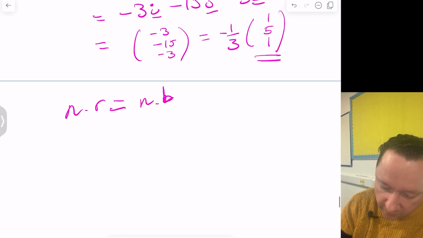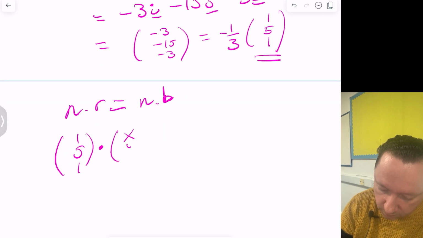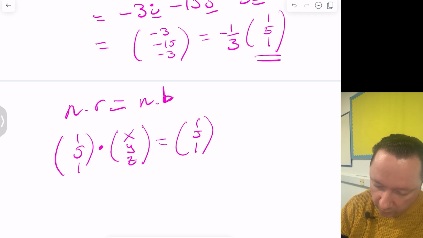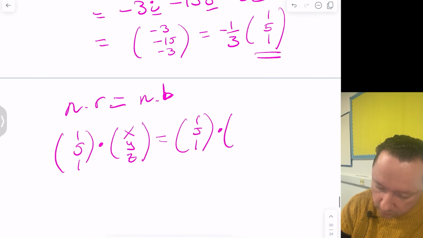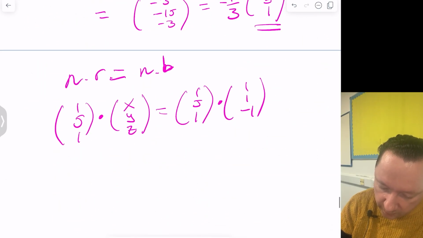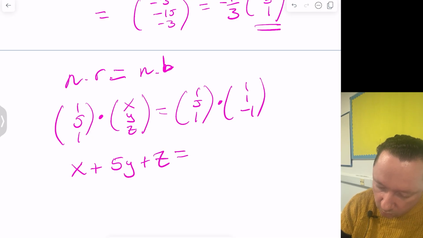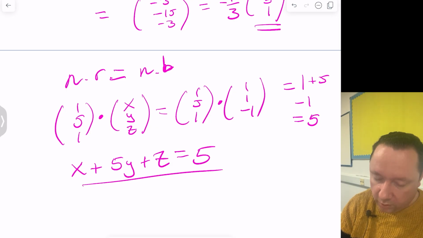So I've got 1, 5, 1 dot x, y, z equals 1, 5, 1 dot the point I'm going to use, 1, 1, minus 1. So that gives me x plus 5y plus z equals, let's just work this bit out, 1 times 1 is 1, 5 times 1 is 5, 1 times minus 1 is minus 1, that just equals 5. And there's the equation of our plane.